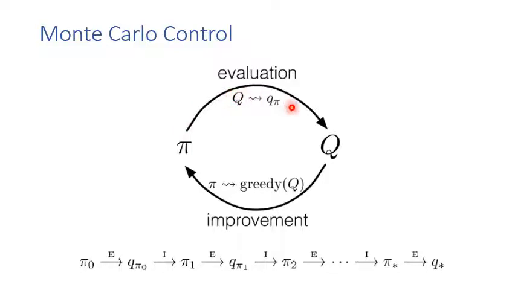We first evaluate our current policy, and then we improve it by choosing the greedy actions using the latest value function. The only difference is that now we use the sample return. We run until the end of multiple episodes to calculate our value function.